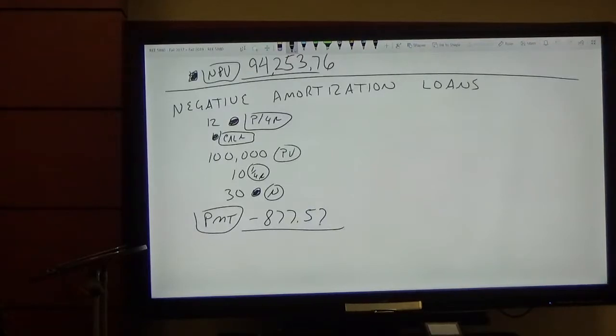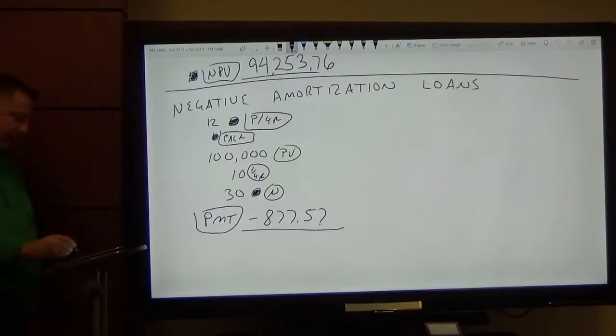All right, now let's say that the lender allows us to start making payments of something less than that. So let's just say that they allow us to make payments of $600 a month. All right?